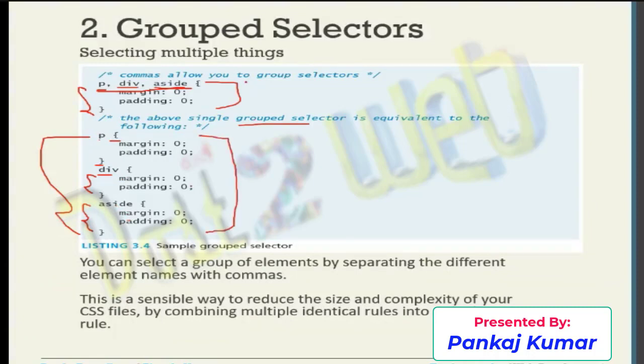The same code we are writing in 4 lines. So obviously, this will reduce the complexity and it will reduce the size of your CSS also. That is the thing we have to see in CSS, how much you can reduce in the HTML page also. That is very important.